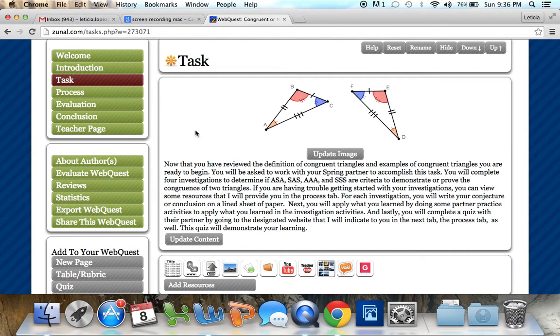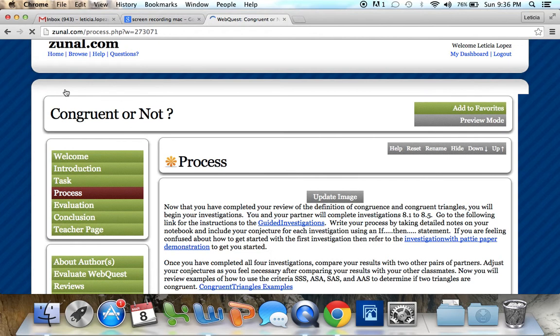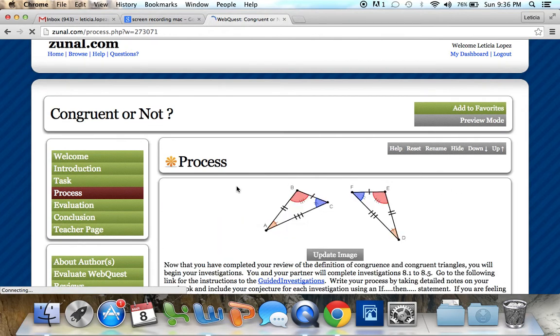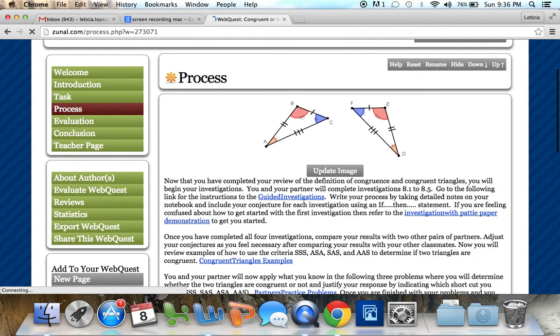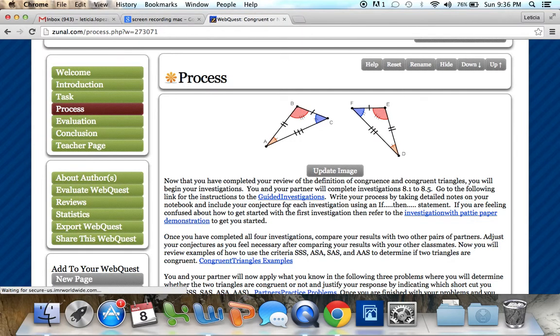And let's go on to process here. So here you will see that as you get started with your partner, if you are having difficulty doing any of the patty paper investigations, you can go to these guided investigations.